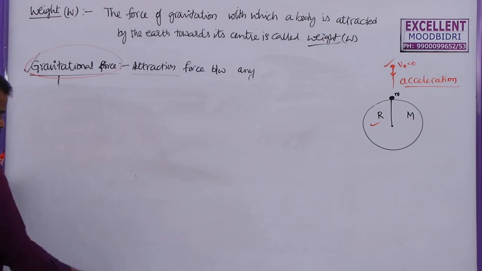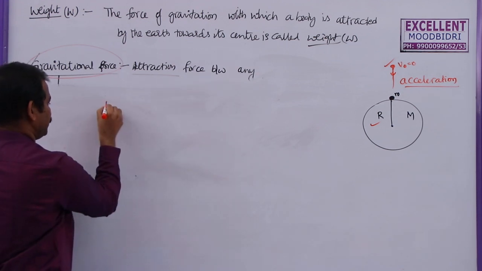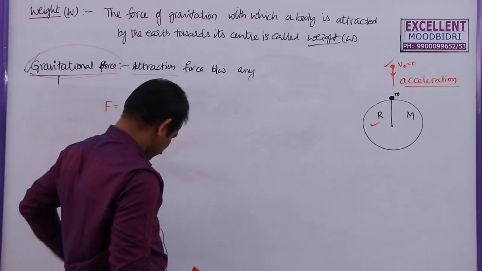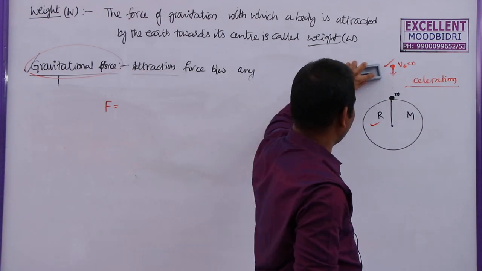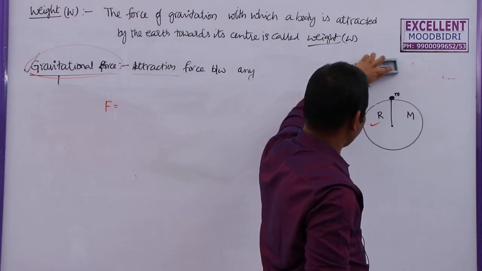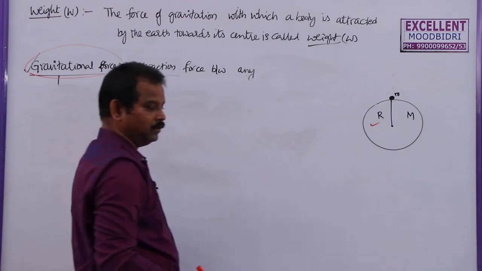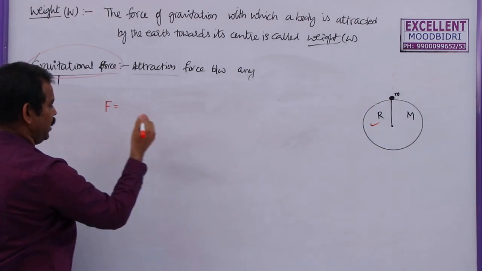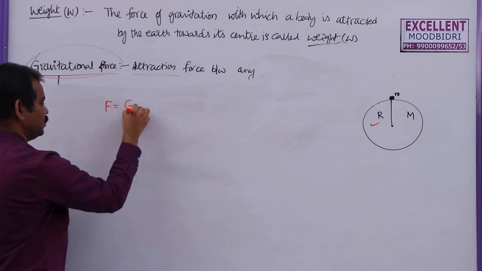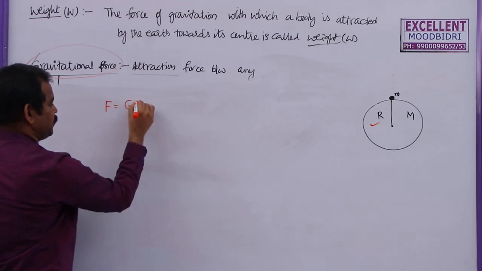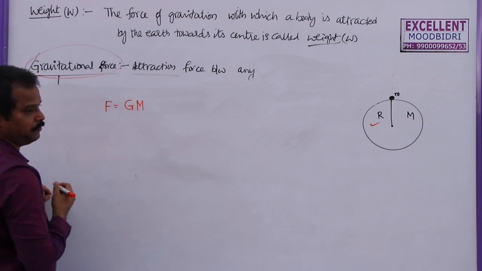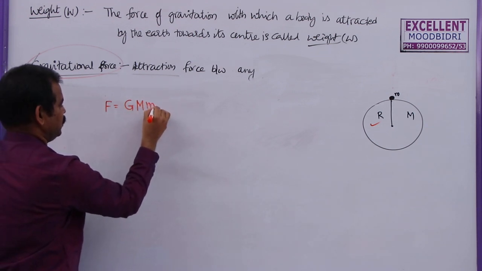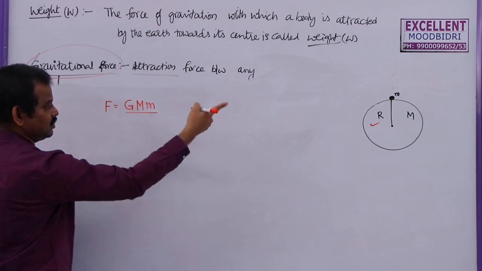What is the force of attraction between these two? Forget about the body which is falling from a height. I am going to take only the body which is kept on the surface of earth. What is the force of attraction between that body and the earth? The gravitational constant is capital G. Mass of the first body, that is mass of earth only, mass of the second body, m, by the distance between these two.